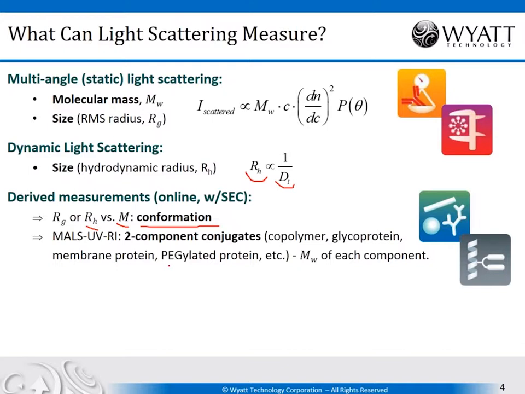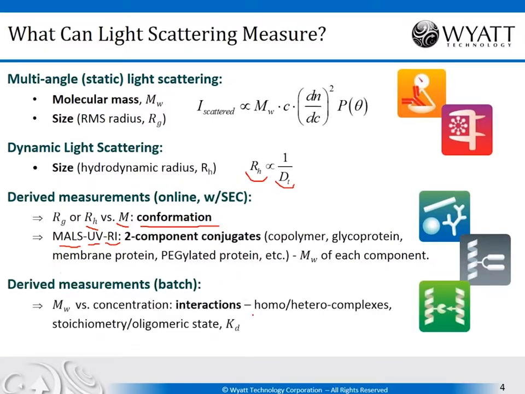In order to characterize these, we need two types of concentration detectors, and typically what we do is use a combination of ultraviolet and refractive index, and together with the light scattering, we can actually determine the molecular weight of each of the components, say of the proteinaceous component and of the modifier.